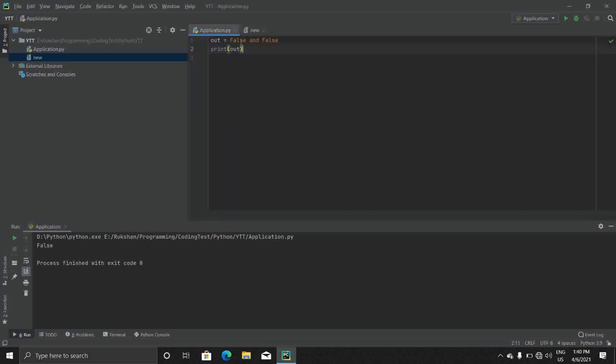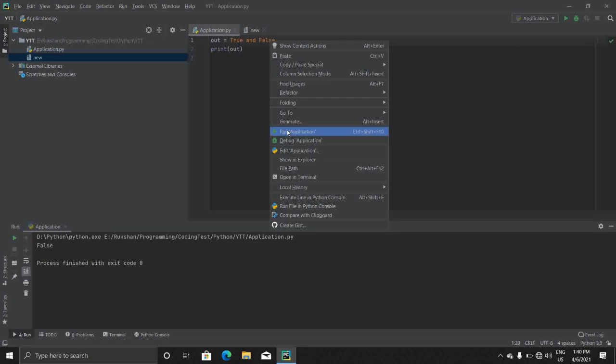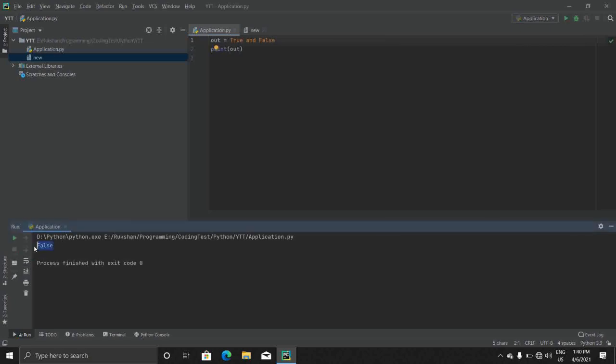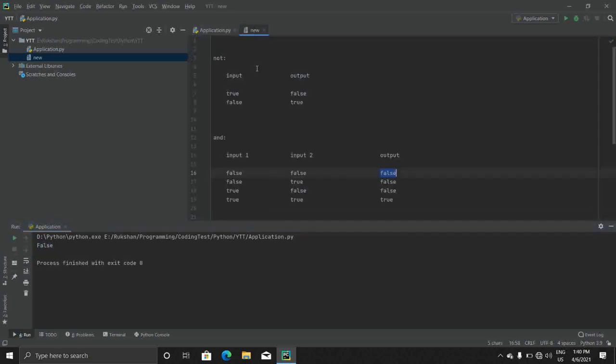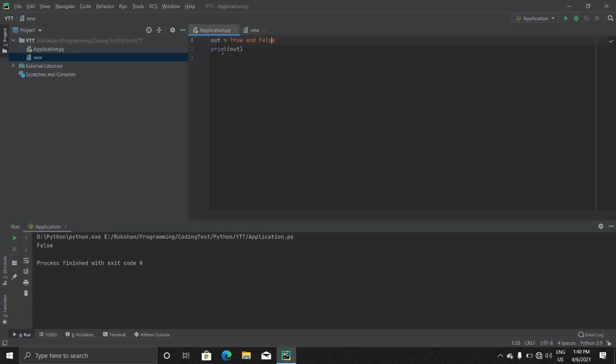Now let's change these values a little bit. I put the first input to true, then we get false. Yes, we get false.